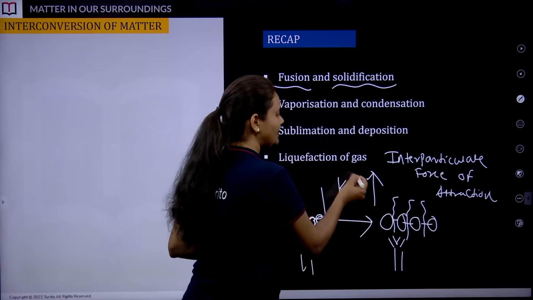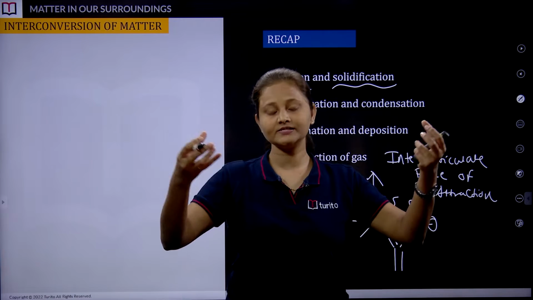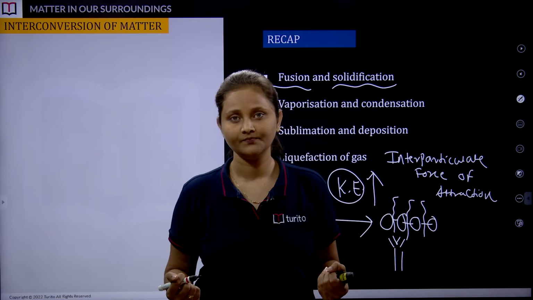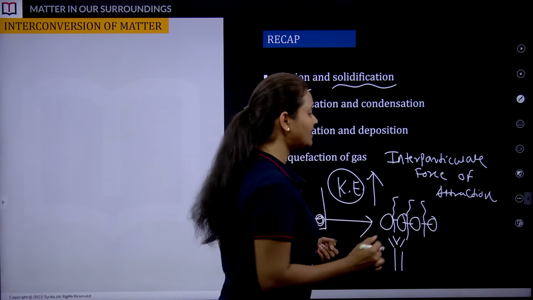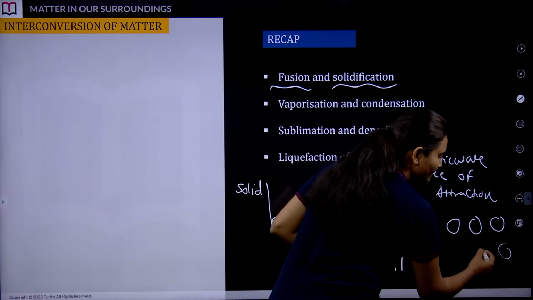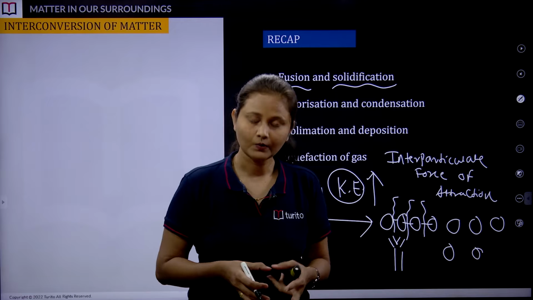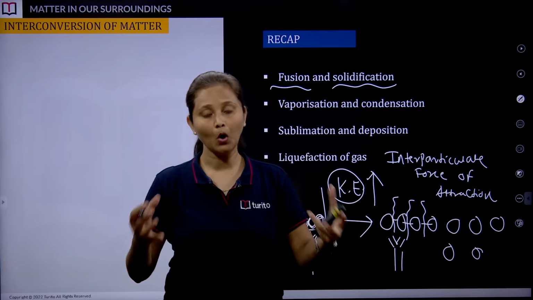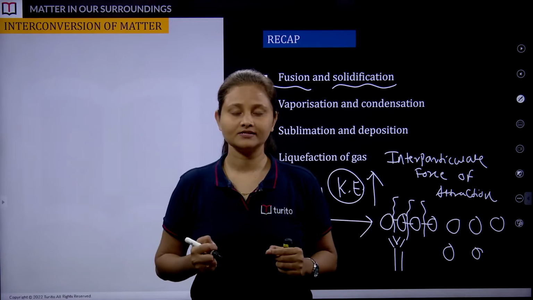And we have seen that the kinetic energy of these molecules is increasing, and that's why these particles are moving away from each other. If this is happening, what do we observe? We observe that the interparticular spaces are going to get what? Increased. The force of attraction is going to decrease. There is a fusion of these bonds basically, and that's why the spaces are going to increase.